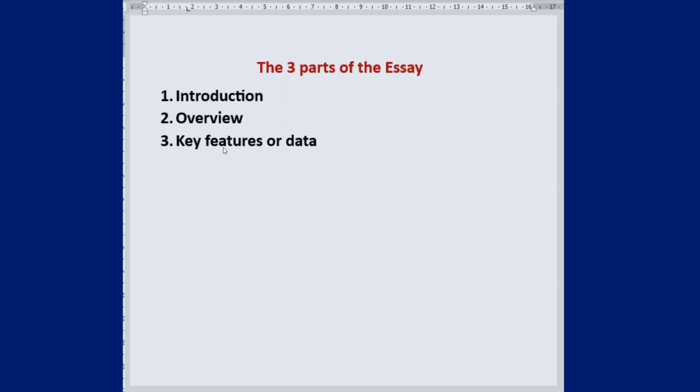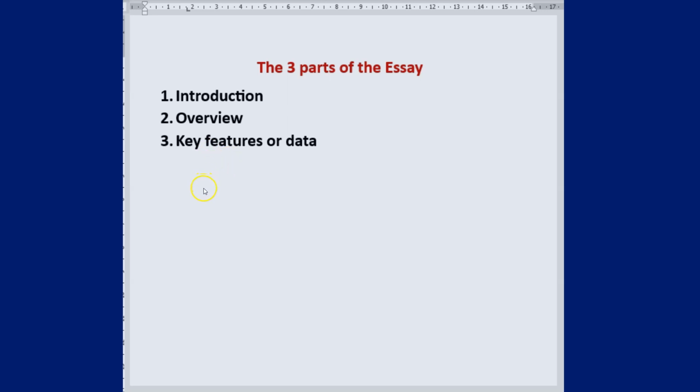The introduction is just the first part of your essay, and the overview will be a summary of what you see, and then you have to present and highlight key features and also figures that you see in the text.